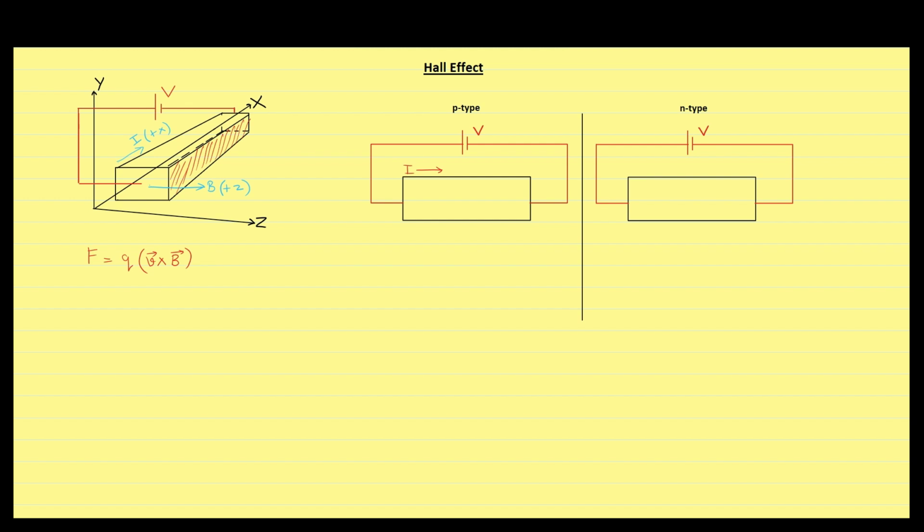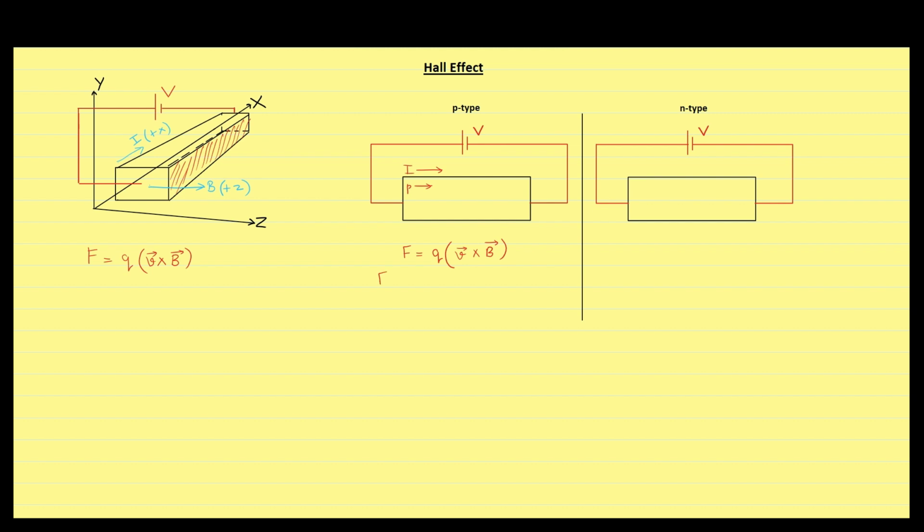Now, since it is a p-type, holes will be the majority charge carriers and holes will be moving in the direction same as that of the electric current. Now, we are going to find effective force on holes due to the magnetic field. Now we are only interested to find the direction in which the force will be exerted.